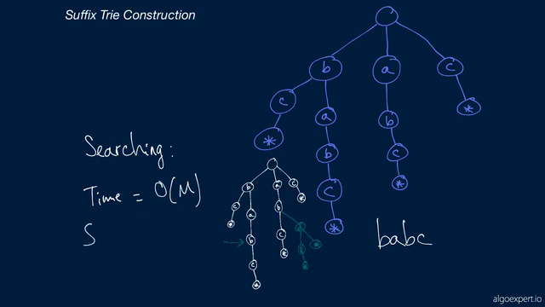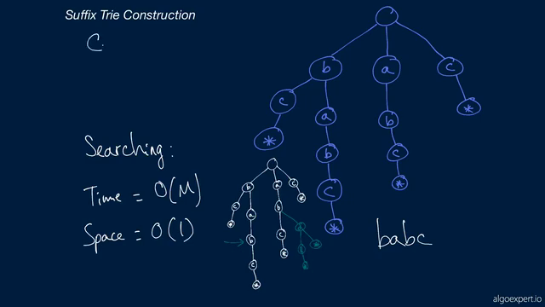And then the space complexity is going to be O of 1, because we're not storing any extra space, right? We're iterating through the string that we're looking for, BAB, and we already have our suffix tree constructed, so we're not storing any extra space.